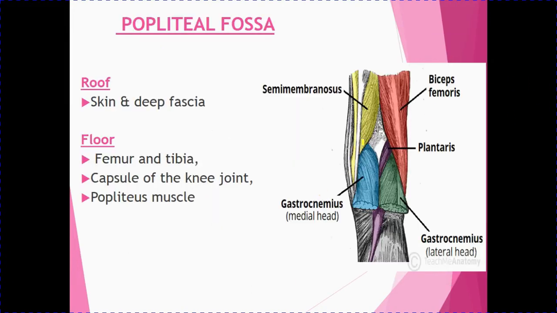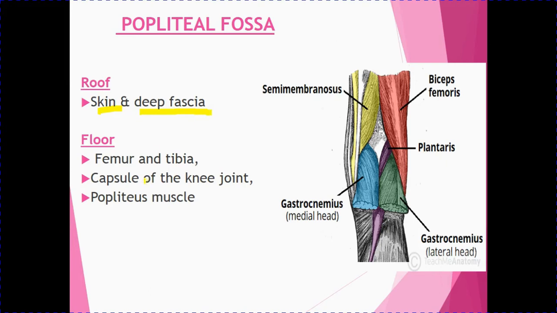The roof of the popliteal fossa is formed by the skin and by the deep fascia. You know that the outermost covering of the lower limb is skin, then you have a superficial fascia and you have a deep fascia. Deep fascia is more prominent in the lower limb.